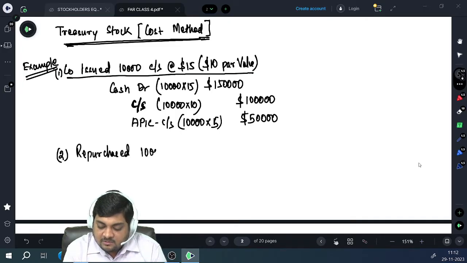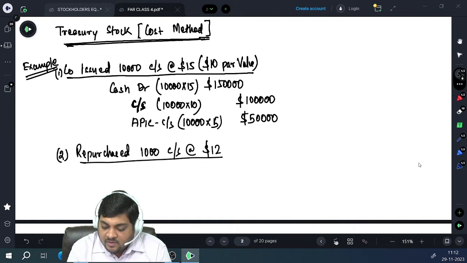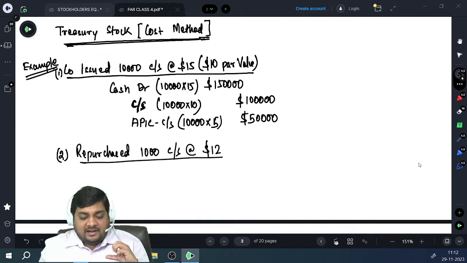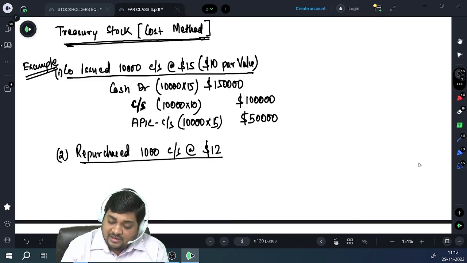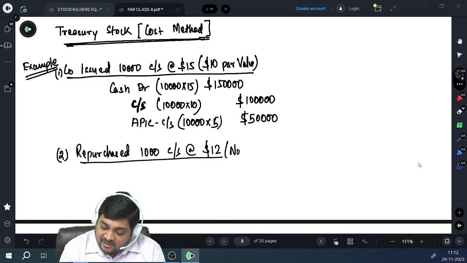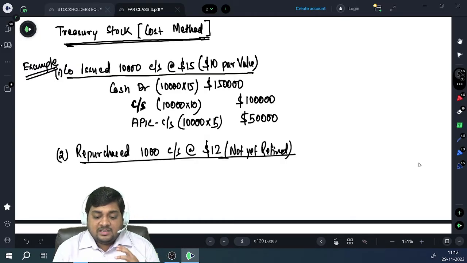Repurchased 1,000 common stock at the rate of 12. Now we haven't retired it, otherwise we would have compared the repurchase price with the original issue price. So only repurchased, you'll write here not yet retired. So it is cost method.